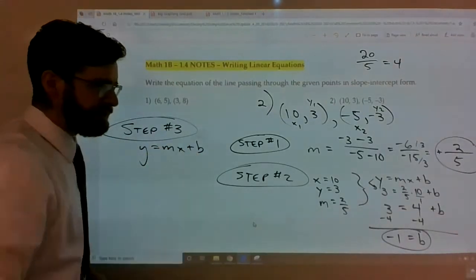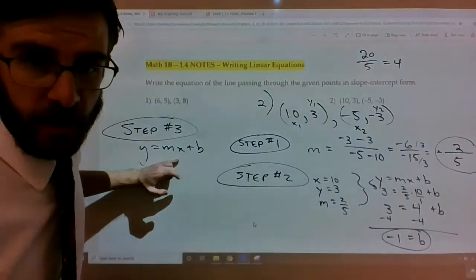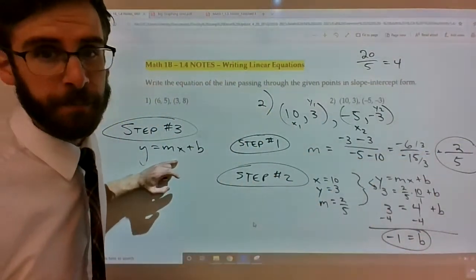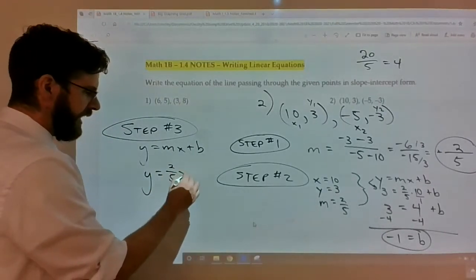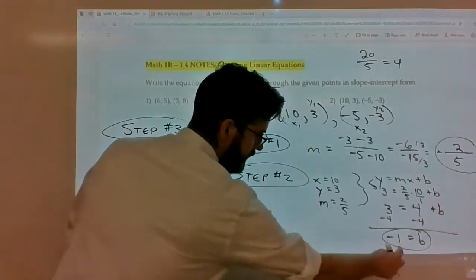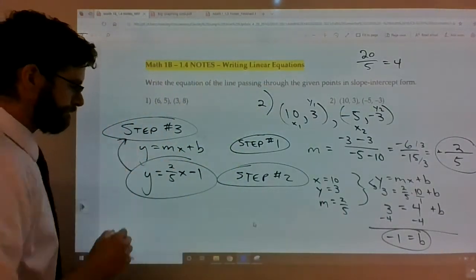I'm going to take the 2 pieces of info that I found on step 1 and step 2 and plug them into my generic equation for y equals mx plus b. So y equals 2/5 x minus 1. That's my final answer.